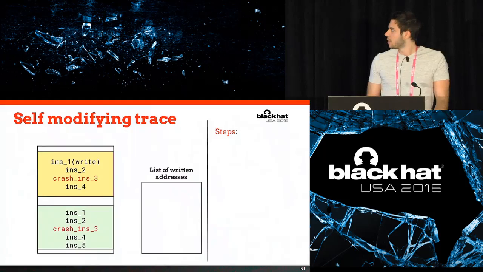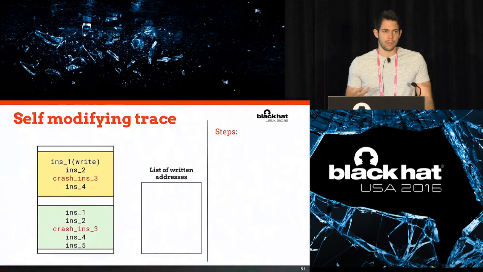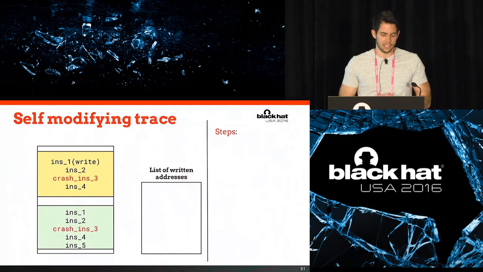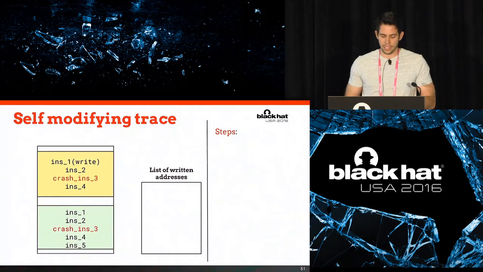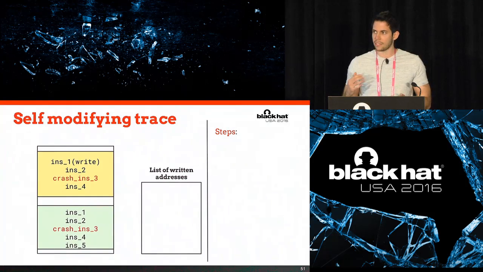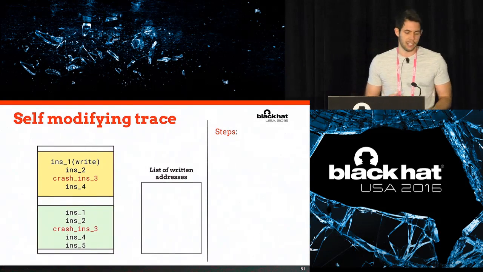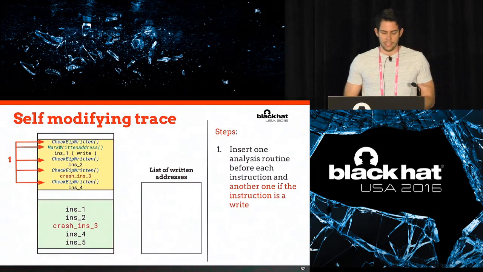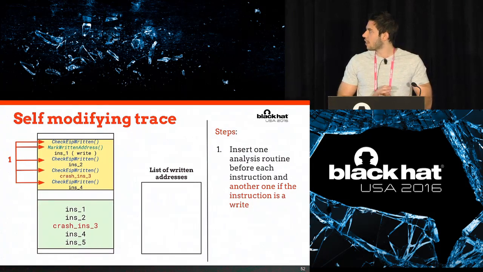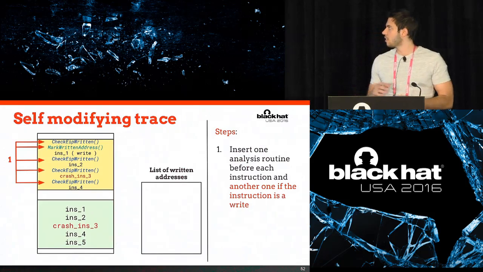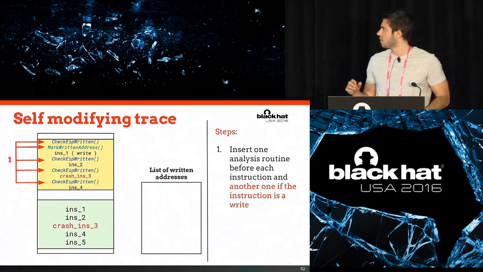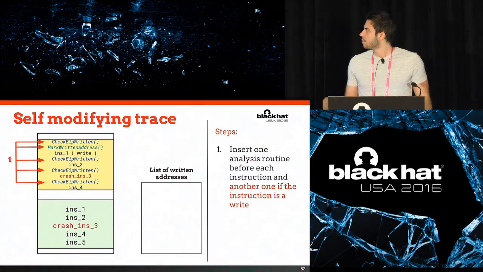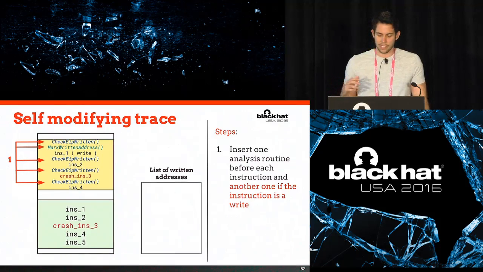Since with a framework like PIN we have full visibility of all the operations executed by the program, we decided to exploit this feature to our advantage. So before each instruction, we inserted an analysis routine that checks if the instruction pointer has been overwritten before.